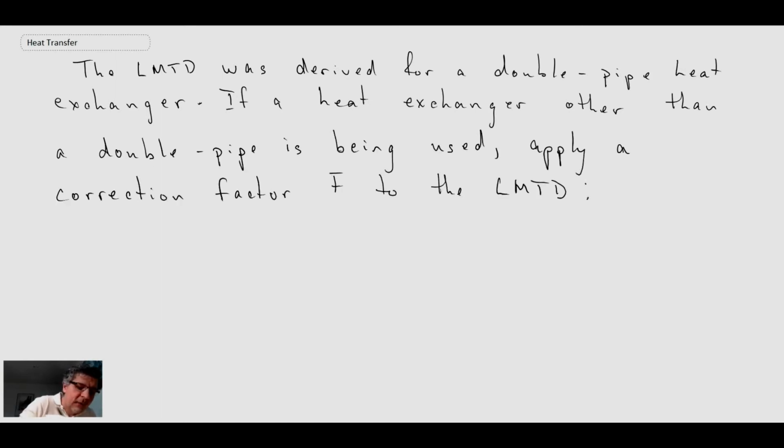Okay, so if we're trying to apply LMTD to something other than a double pipe configuration, then we would write out our overall heat transfer coefficient, the area that the overall heat transfer coefficient is computed for, this correction factor F, and then delta Tm. And F is a correction factor.